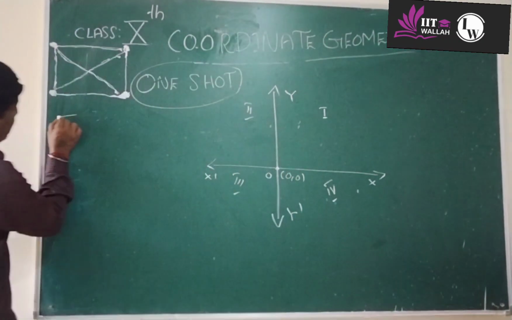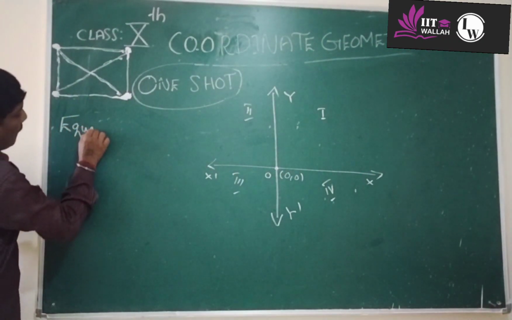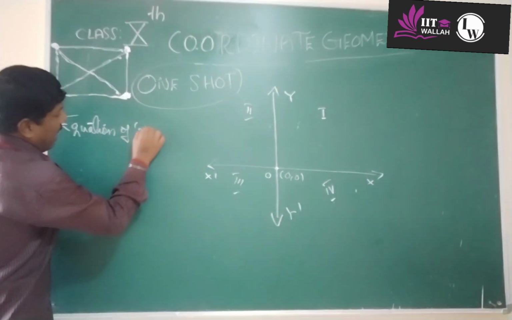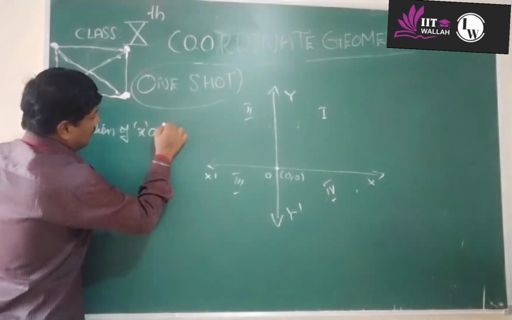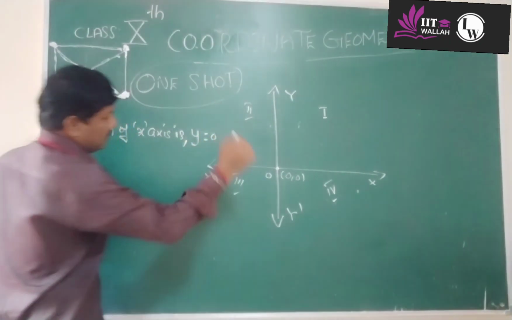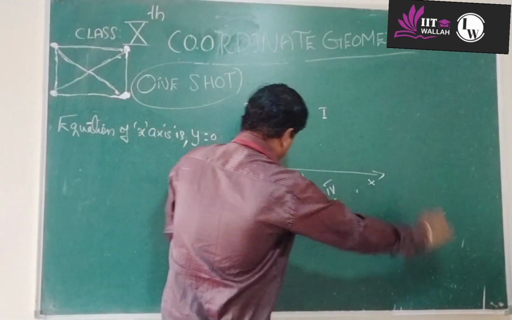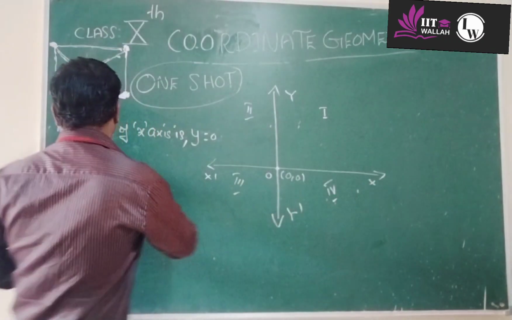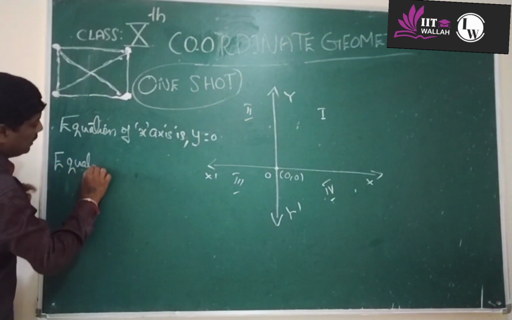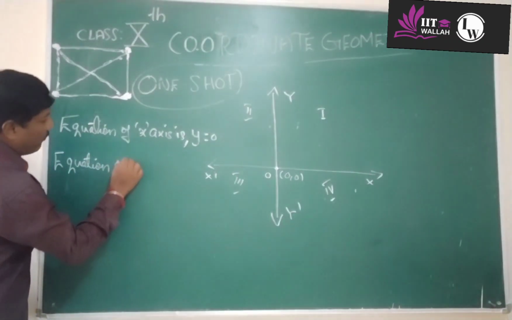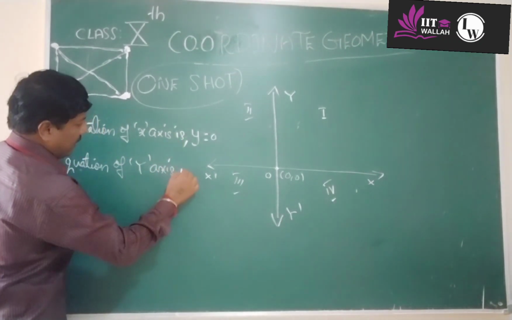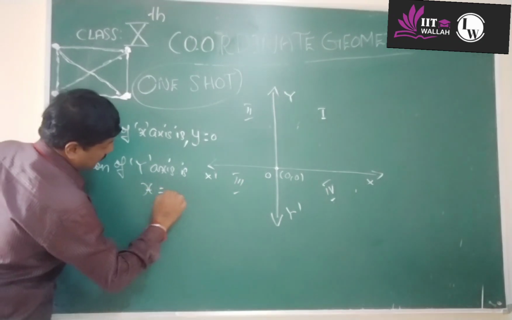So the equation of the x-axis is y is equal to 0, because in the x-axis you cannot see any y. And similarly, the equation of the y-axis is x is equal to 0.